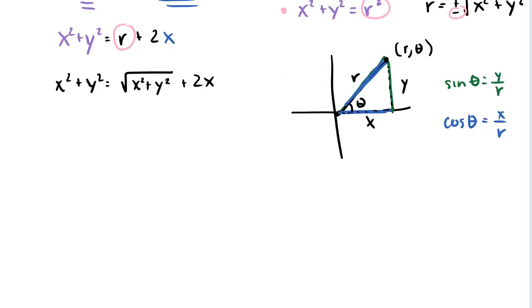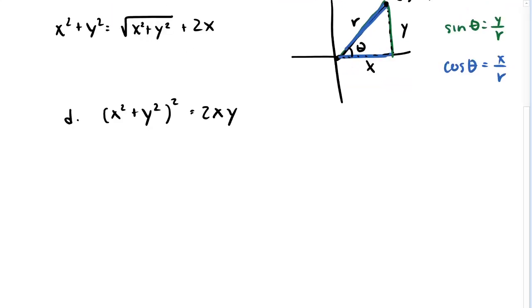Here, let's do another example. Let's do D, where we have x squared plus y squared is equal to 2xy. And so we can make the same conversions right here. X squared plus y squared, that's just r squared. So we've got r squared is equal to 2 times x times y.